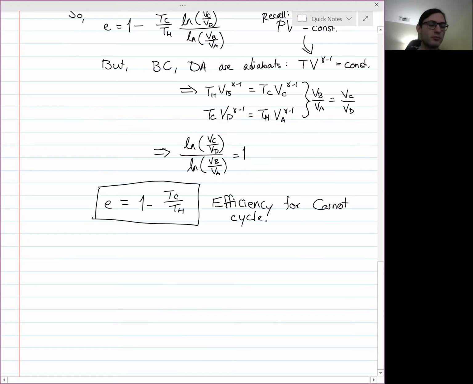So what this implies is that a greater difference in temperature between the hot and the cold reservoirs implies a greater efficiency.